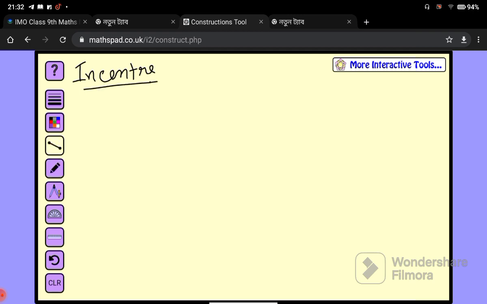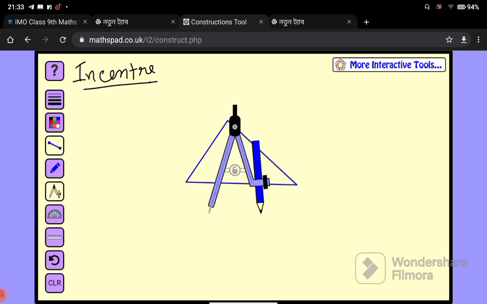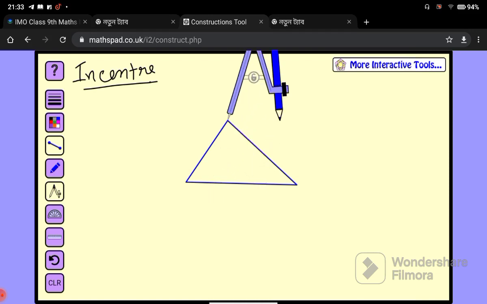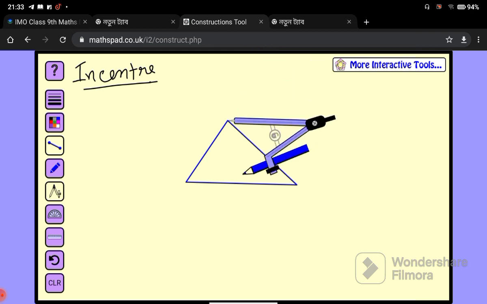I'm taking a triangle, an acute triangle with random scale. As I told you, for the incenter we need the bisector of the angle, so we'll bisect the angle.